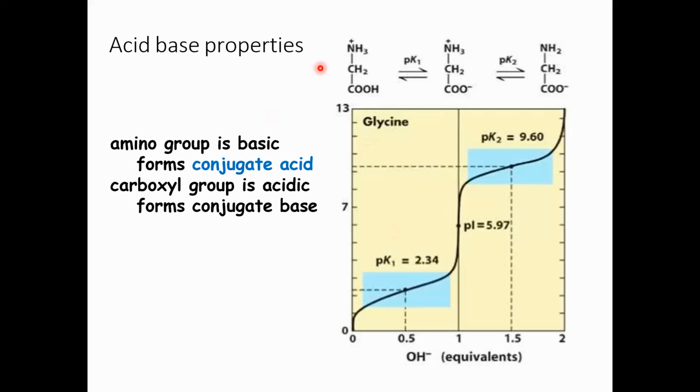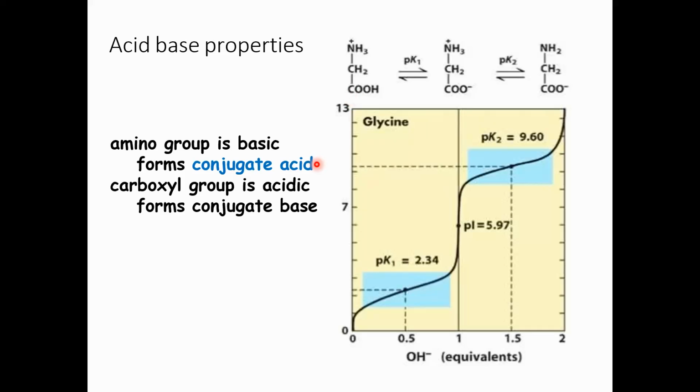So here we have an example of a positively charged amino acid, and we are going to see how that amino acid can act as an acid or become a zwitterion. Let's see, we are starting from here. First we have a positively charged amino acid, and the amino acid acts as an acid or base at physiological pH. Why?